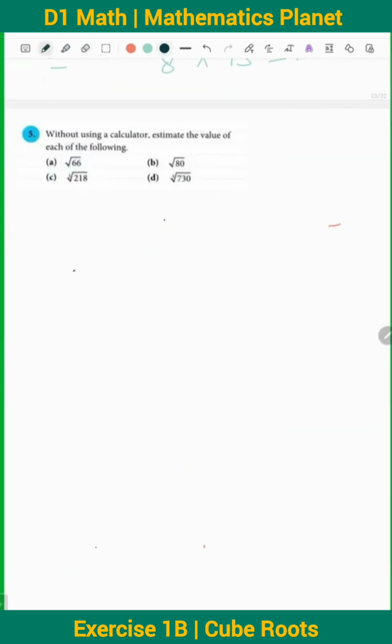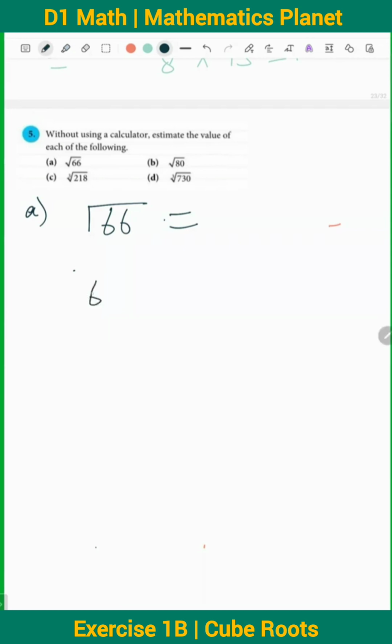Okay. Part A, square root of 66. So what is the nearest number? You know, 66 does not have any perfect square. So what is the nearest number that can be the square root of 66? Miss, 64. Can I give you one idea?